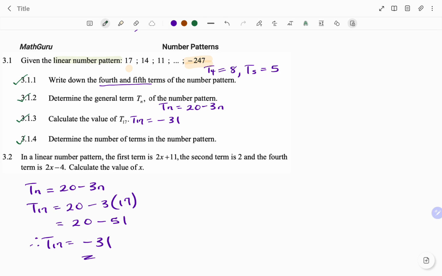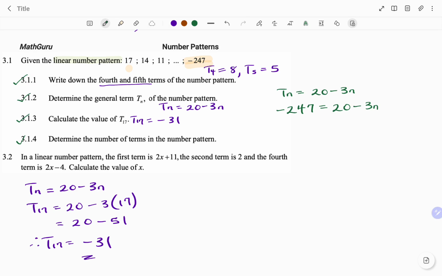So, still using my formula, Tn equals 20 minus 3n, with the last term being negative 247, I have negative 247 equals 20 minus 3n. So from here, I'm going to solve for n.